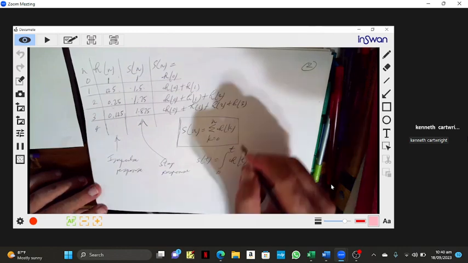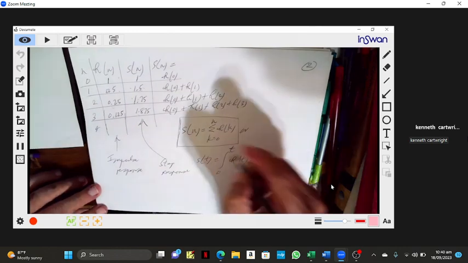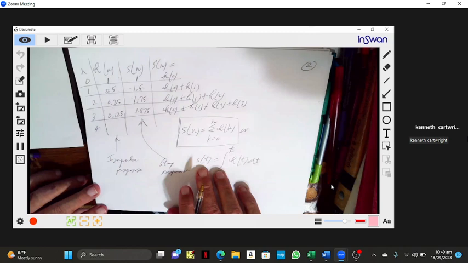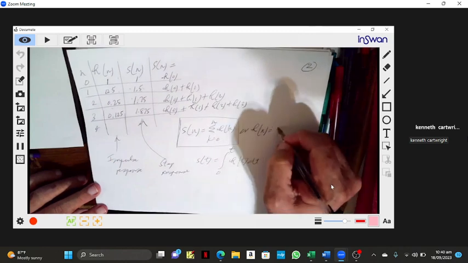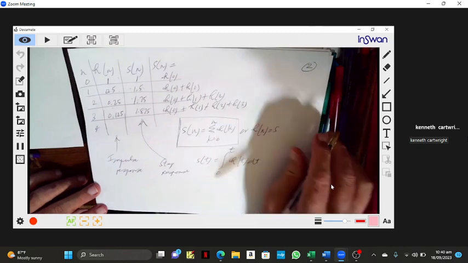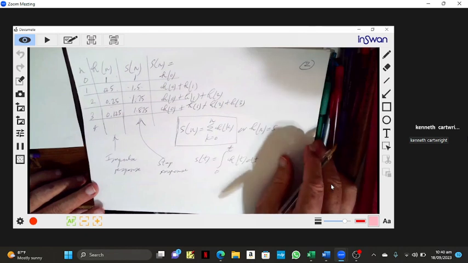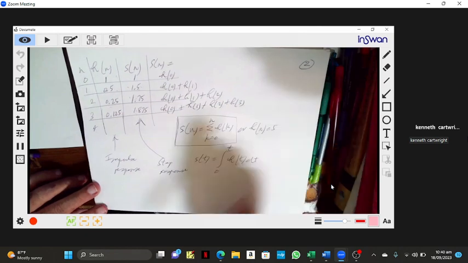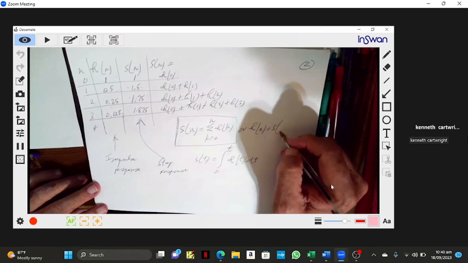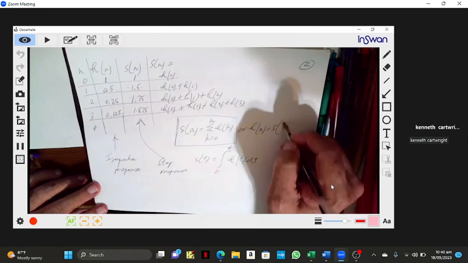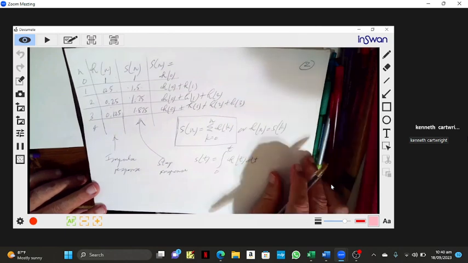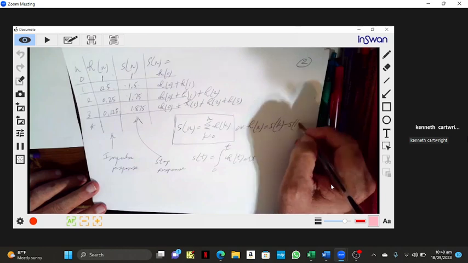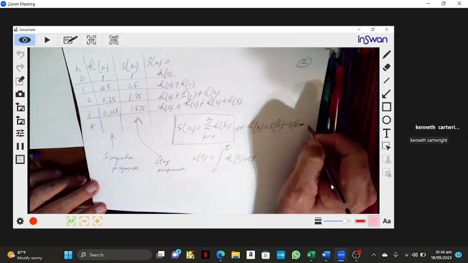Or another way of saying the same thing is H of n is S of n minus S of n minus 1.